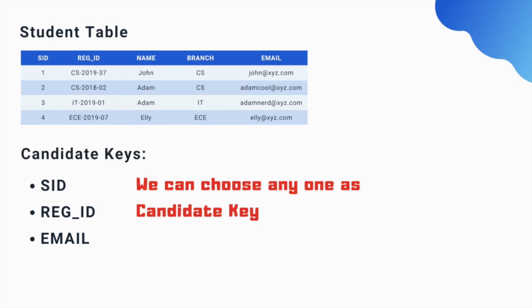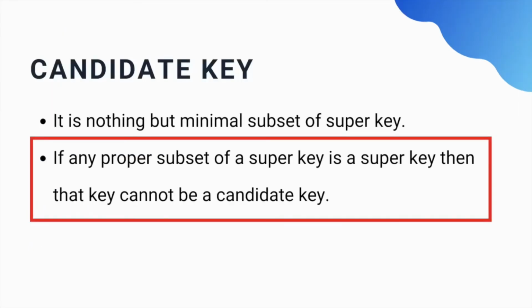Hence, in this case, the 3 attributes SID, email, and registration ID, or reg_id, are the minimal set of super key, hence the candidate keys. Speaking books language, if any proper subset of a super key is a super key, then that cannot be a candidate key. Now let's try to understand this.